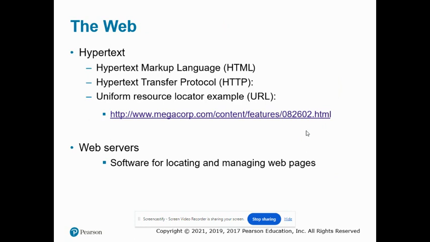Web page addresses, or URLs, are composed of the domain name of the website and the file location of the individual web page. Have you created a web page using HTML?